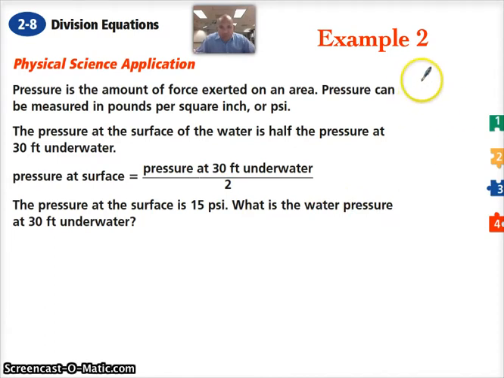First of all, I've got to draw water. I'm going to draw water, and I'm going to use this arrow to indicate pressure at the surface. Now the pressure underwater, which is down below here, I'll make a little bowl here, is half that pressure above water.